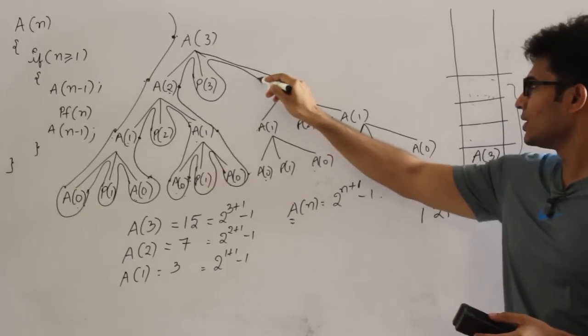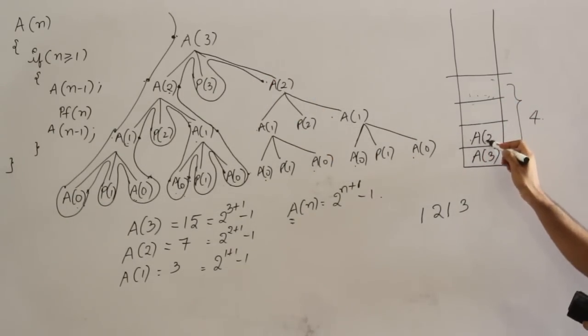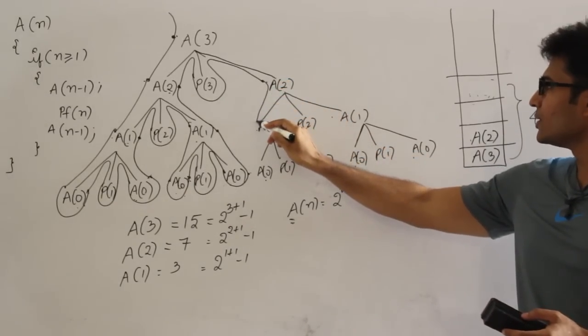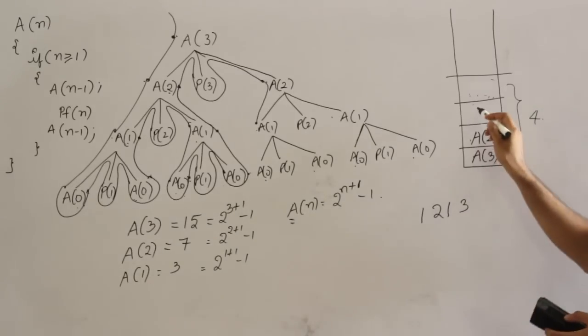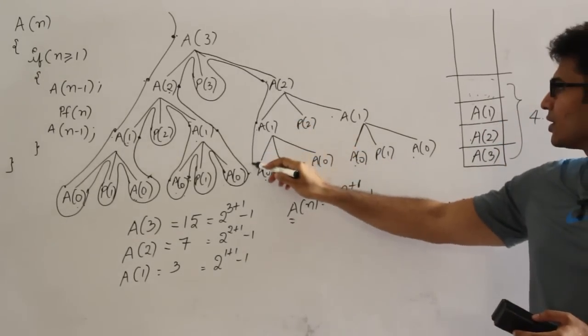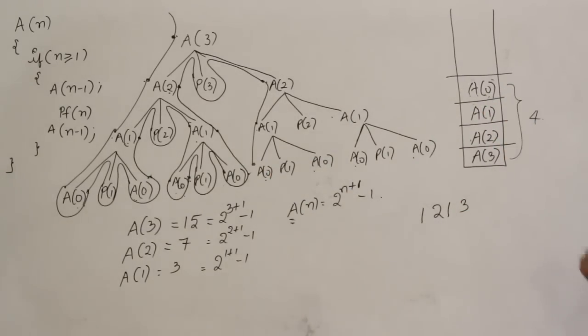Now you are going to see A of 2 for the first time. Therefore you push A of 2 onto the stack. And then you are going to see A of 1. Therefore you push A of 1 onto the stack. And then you are going to see A of 0. And now you push A of 0. See this? A of 2, this is the second time we are calling A of 2.